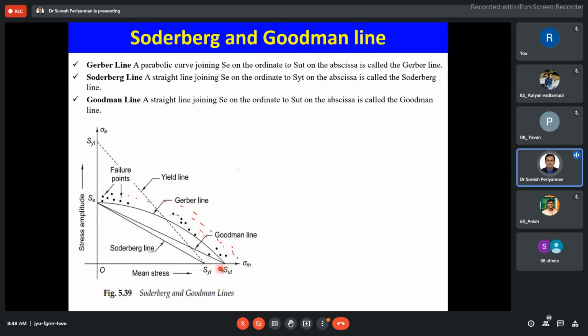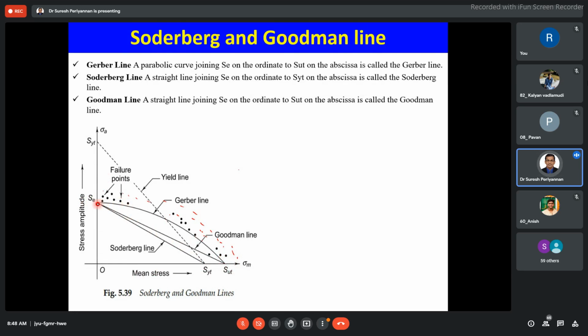This is also a linear line. Gerber considered the same endurance limit point, but SUT on the x-axis, and his theory is a non-linear, parabolic curve.